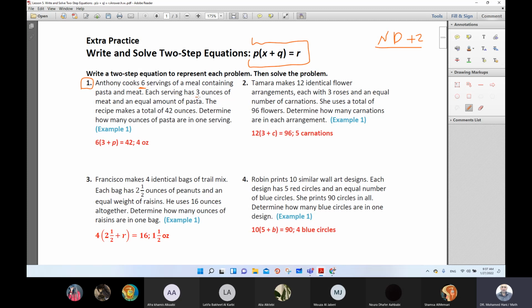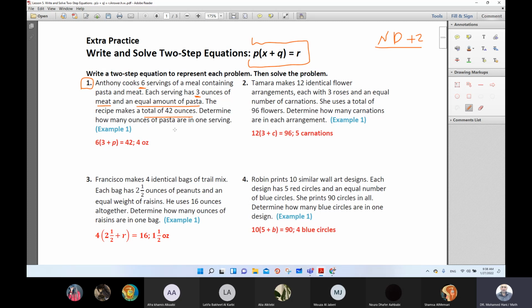Each serving has 3 ounces of meat, so write here 3 plus an equal amount of pasta, but we don't know the amount. So represent it with a variable, b. b means the equal amount of pasta. Then the total will be what? 42 ounces. So the equation will be 6 multiplied by parentheses 3 plus b equals 42.